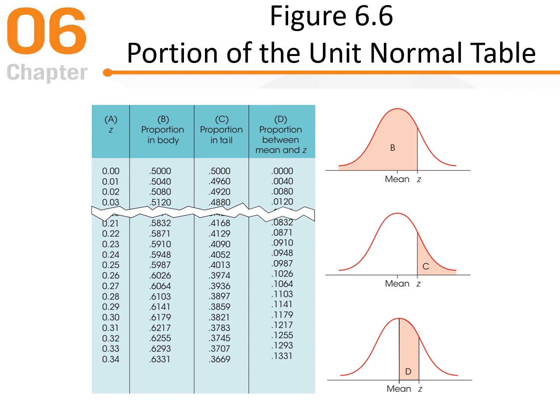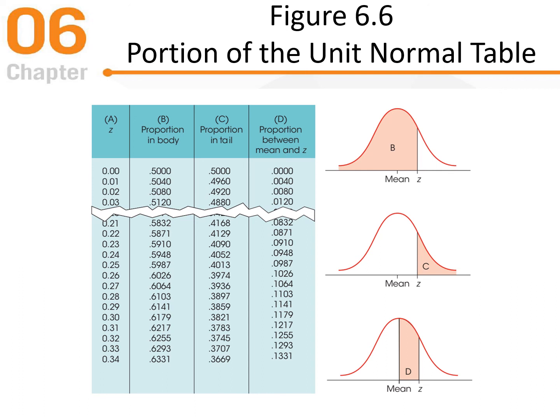Now, if you look at the first example, where it says B here, the top picture, the larger part of the curve is shaded, like here we're looking for everything less than z. Since z is positive, everything less than z is going to be a larger part of the curve. The larger part of the curve is called the body. And so the B column is the body.